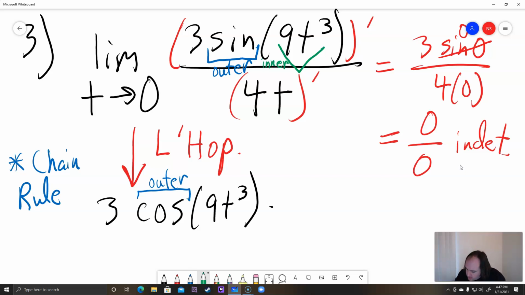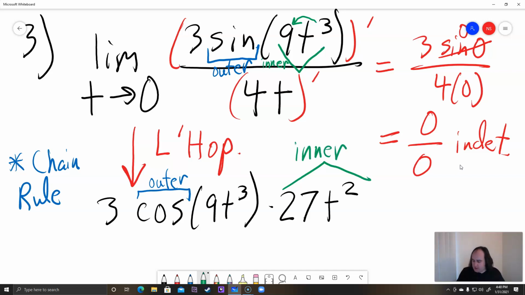So we bring the 3 out front, and 3 times 9 is 27, and then we decrease the exponent by 1, so it's going to be 27t squared. So we have times 27t squared. That is the derivative of the inner function.